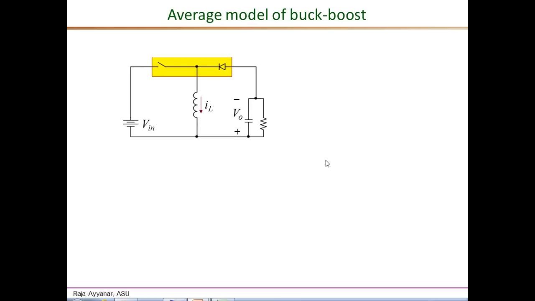Next, let's look at the average model of the buck boost converter. So here is the conventional way of drawing the buck boost schematic, and to get the average model, we know that we have to replace this power pole, essentially the switch diode combination, by its average model, which is nothing but an ideal transformer with the turns ratio equal to the operating duty ratio.